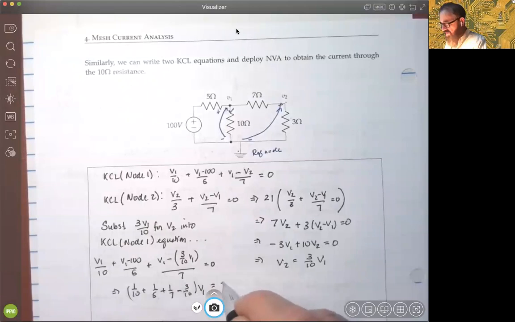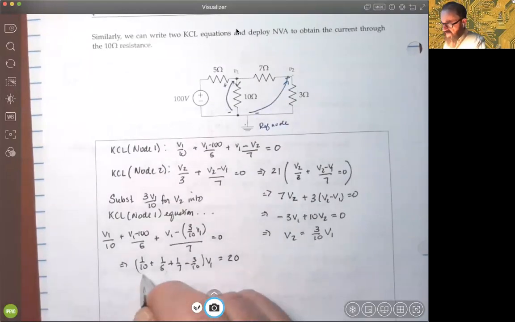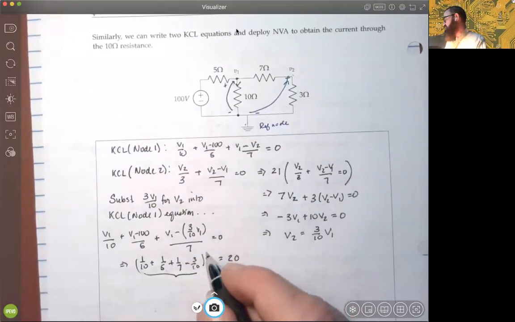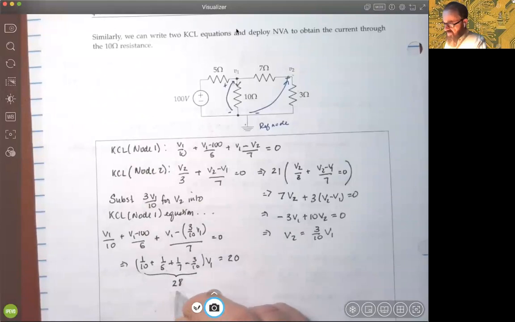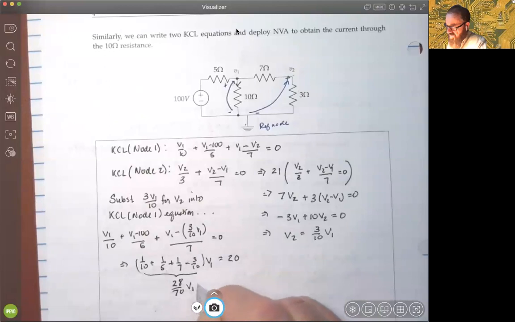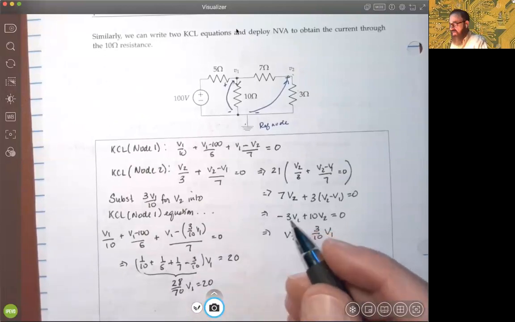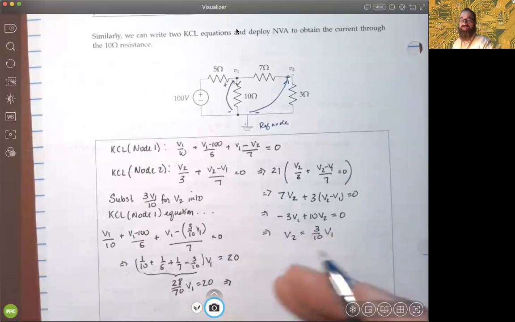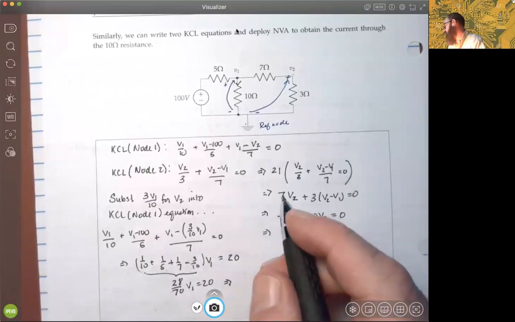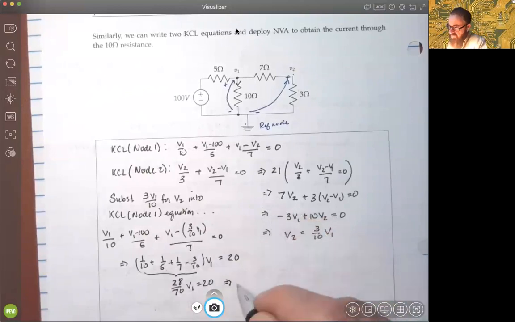Pull it to the other side, it'll be a positive 20. Then you would just get a common denominator for all this stuff, and when you do that, it should collapse down to 28 over 70 times V1 equals 20. And then you can show, just using a calculator, that in fact V1 is just 50 volts.